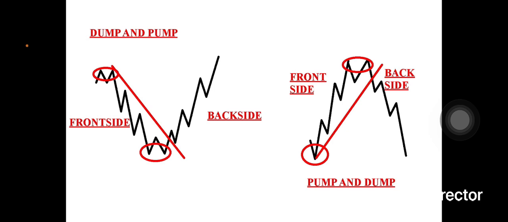And to make it a little bit more specific, we're looking for a dump, coil, and pump, or a pump, coil, and dump. And think about it like this. If we're looking at a pump and dump, when the market starts to pump up, we're making higher highs. We're in an uptrend. And then at some point, that trend is going to exhaust, which will be evident by the coil sideways.